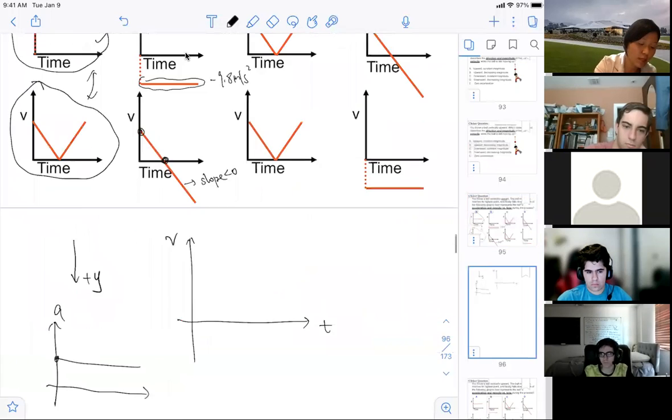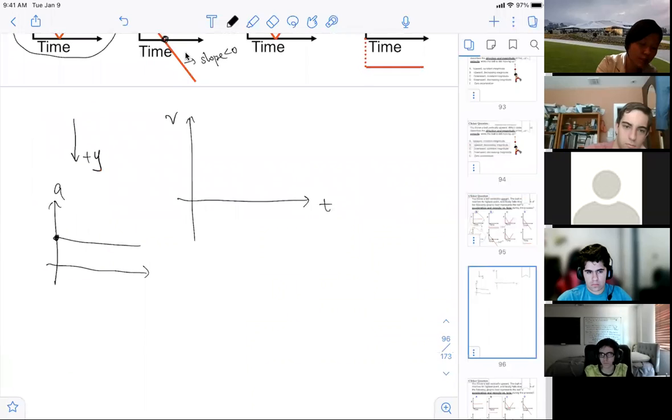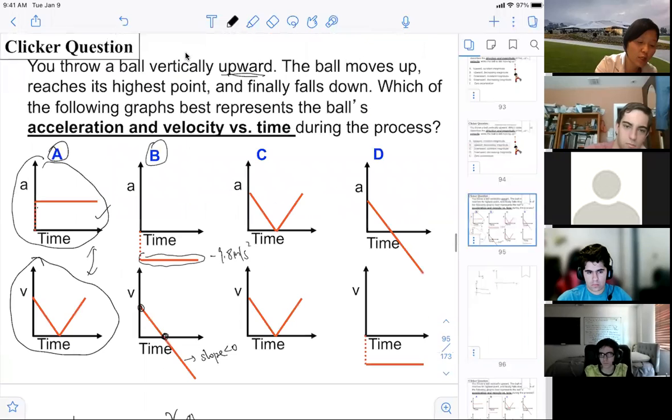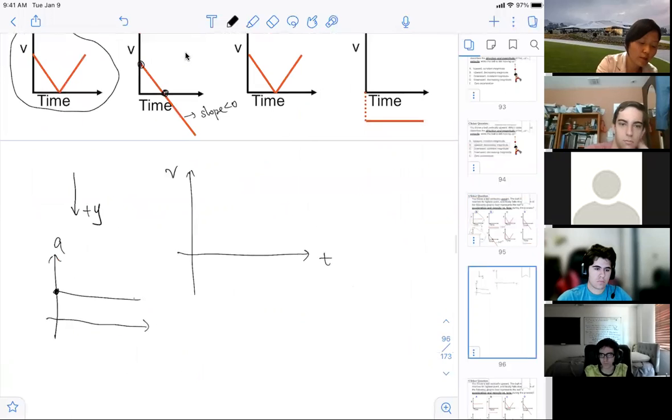So if I choose downward to be positive, acceleration is positive, and my initial velocity is positive or negative? You throw a ball upward. So if my downward is positive, then upward will be negative, right? Yeah, so it would be negative. Someone said reflect the velocity graph across the x-axis. So kind of like this, but flipped, right? You start with a negative velocity.